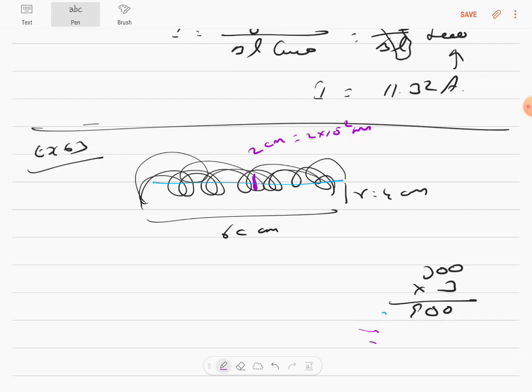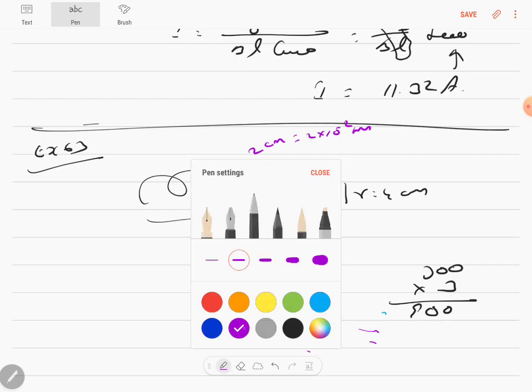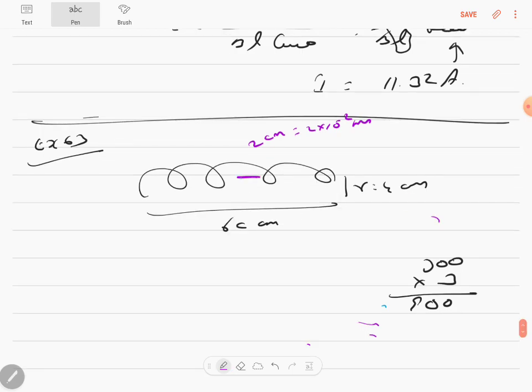Both the wire and the axis are in the horizontal plane. We have drawn it like this, right? So which means the wire has to be like this. Is the wire placed parallel to the magnetic field or normal to the magnetic field? What was given in the question? Normal to its axis. A solenoid 60 cm long, radius 4 cm, has 3 layers of windings with 300 turns each.